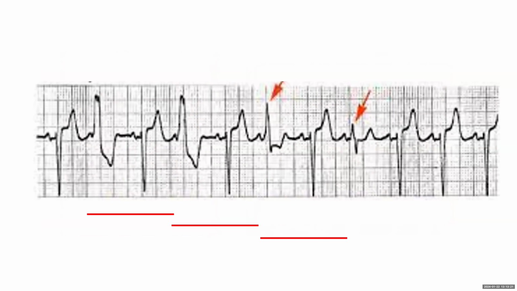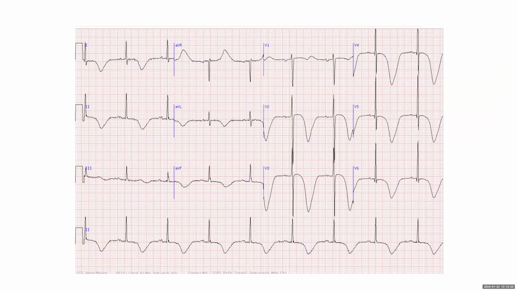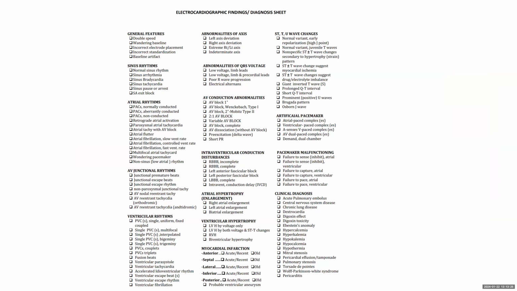Good. So all of these were just sort of uncommon diagnoses or coding points on the sheet that I just wanted to make sure you guys know. The rest, I'm sure you know, the axis and the sinus and PACs and so on.